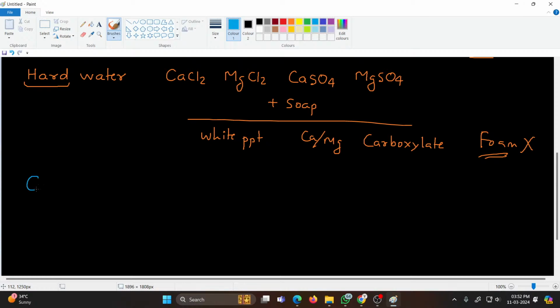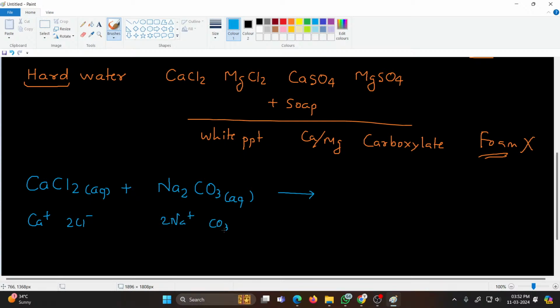The hard water is softened using the washing soda. Suppose we have to remove calcium chloride from the water. When it is reacted with sodium carbonate, that is washing soda, an exchange of ions takes place. That means here we have calcium cation, chloride anion, then sodium cation and carbonate anion.